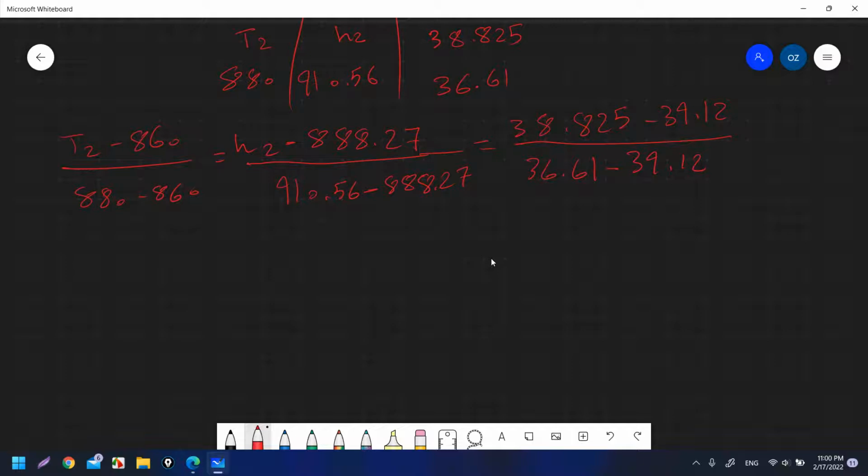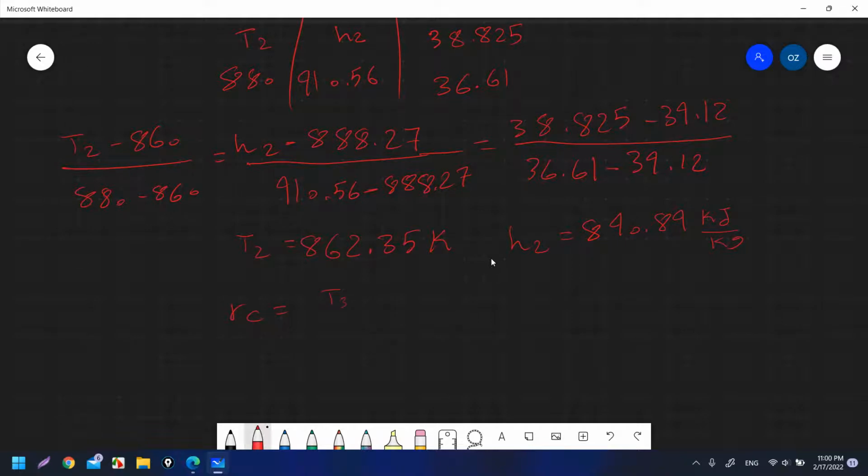This will give you that T2 is equal to 862.35 Kelvin, and h2 is equal to 890.89 kilojoule per kilogram.